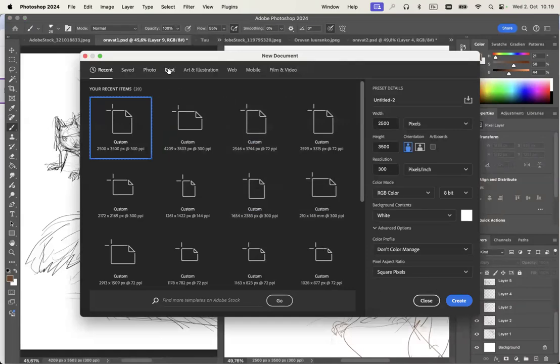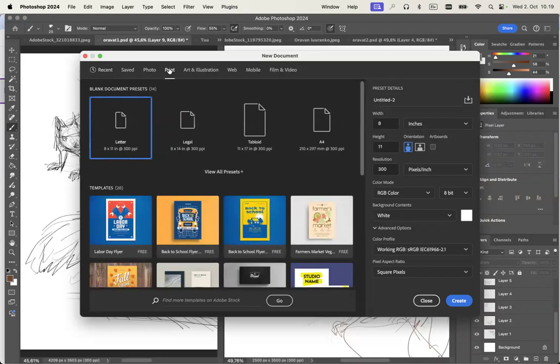So maybe I'll just create a standard A4 document, horizontal this time. Create.